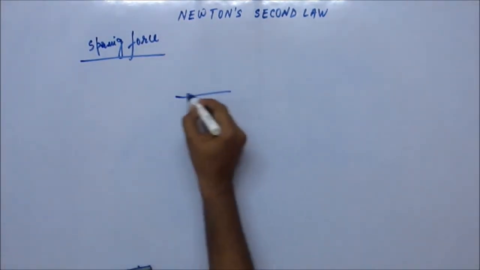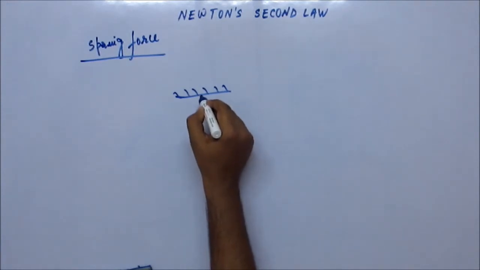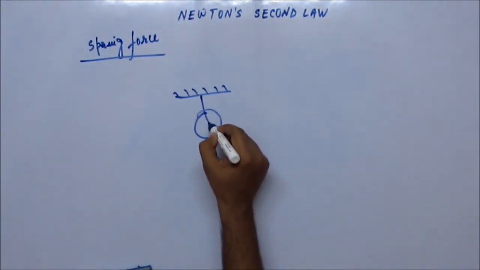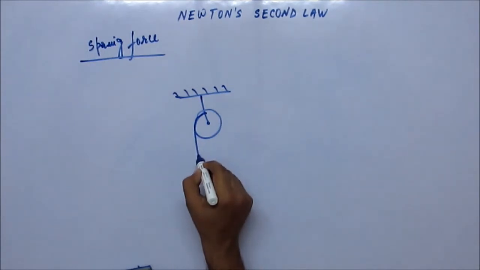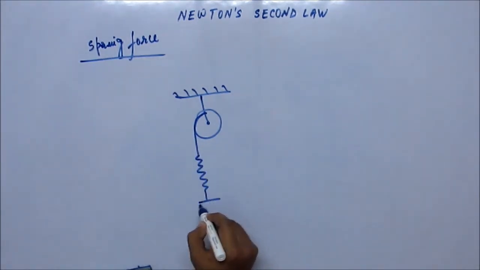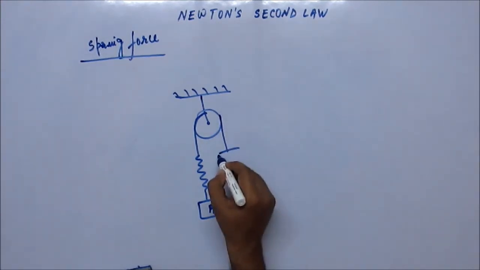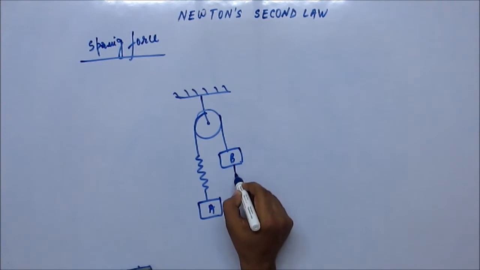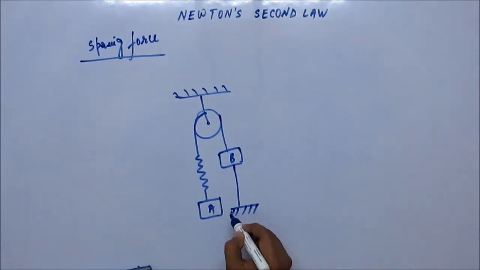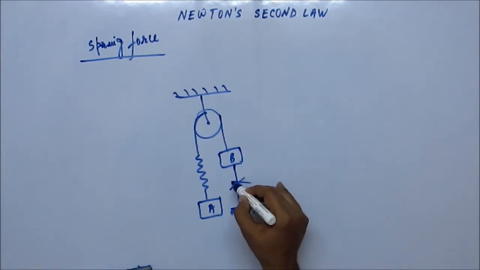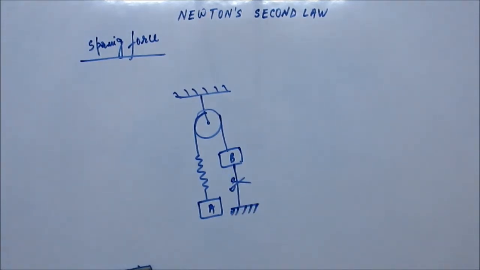Okay, so let's see one more. This is your system, A and B, and what you do is you cut the spring from here, and the moment you cut it, they have been asking you certain questions.